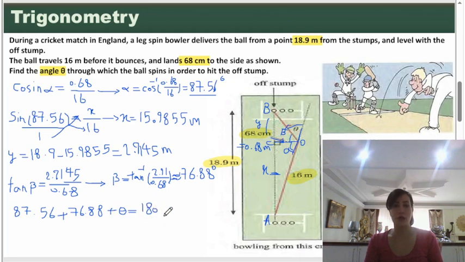So I isolate theta and bring all these amounts to the right side. So I get theta equals 15.56 degrees. I am done here. I found theta.